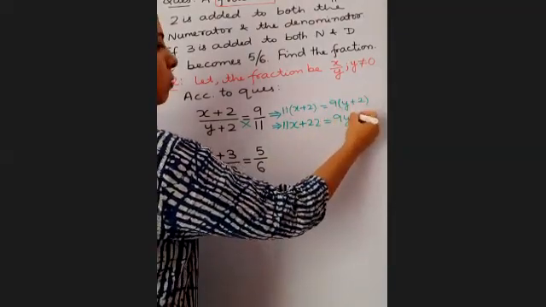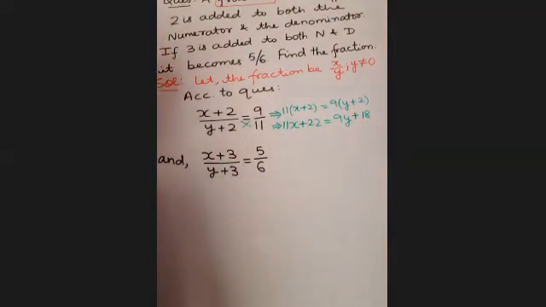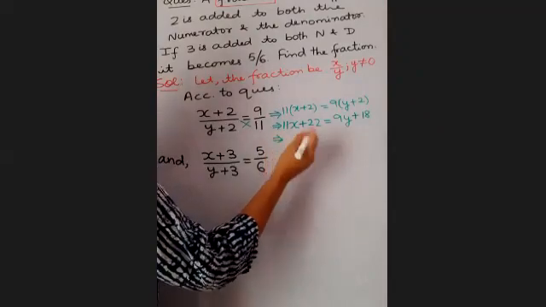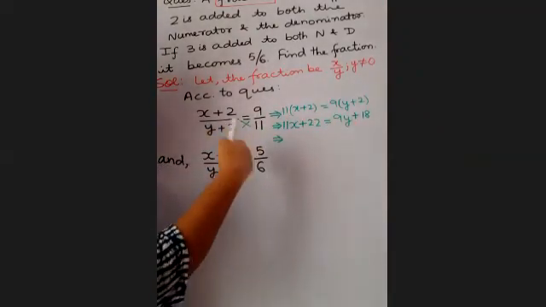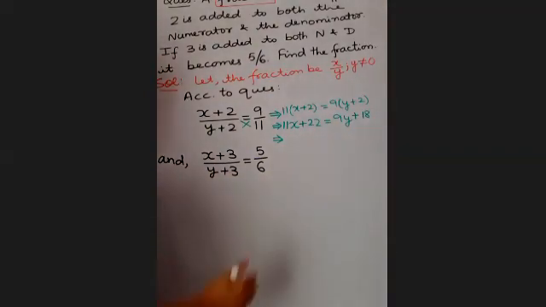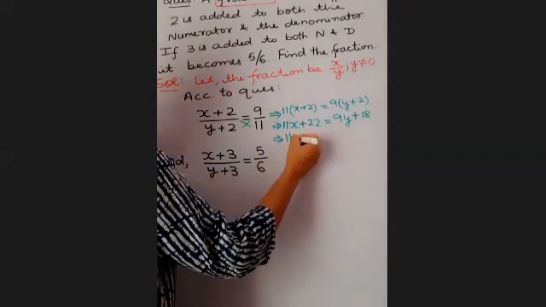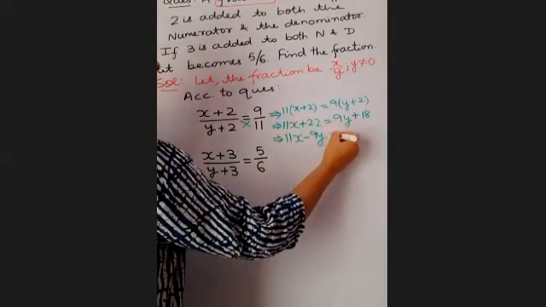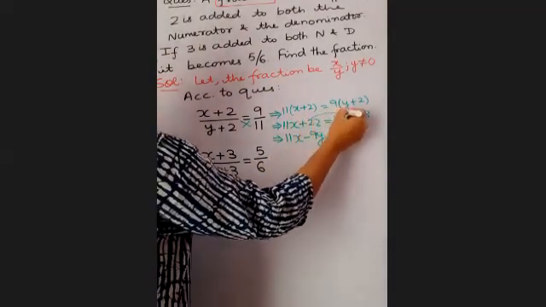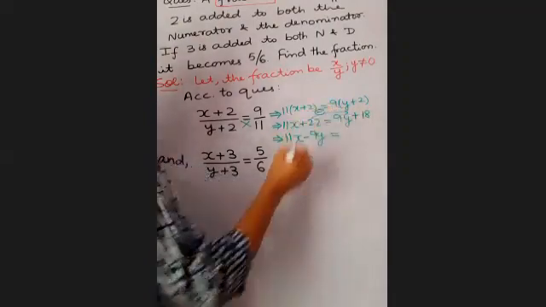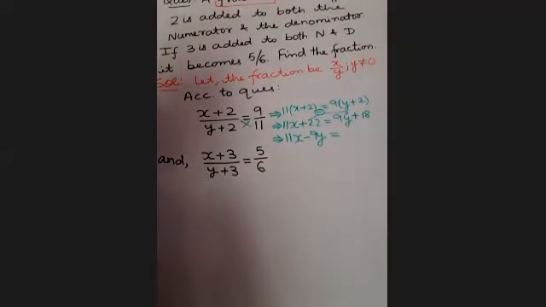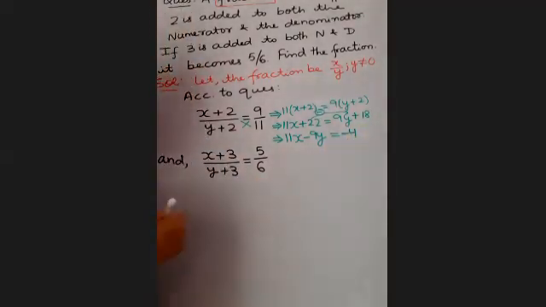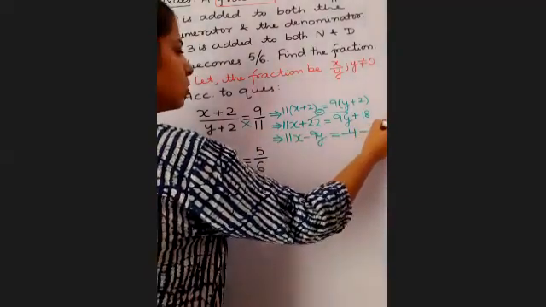And 9 into 2 is 18. Okay. I would suggest you to bring x and y on one side and take number on the another side. So this becomes 11x minus 9y is equal to 18 minus 22. When you take it that side, it will be minus. And what is 18 minus 22? Minus 4. This is your first equation.